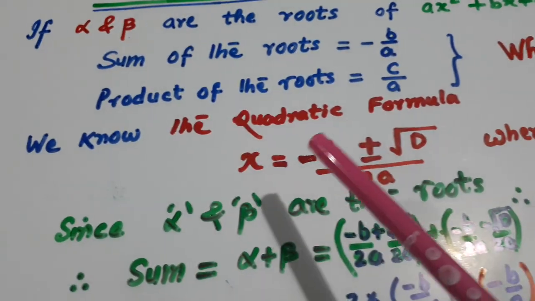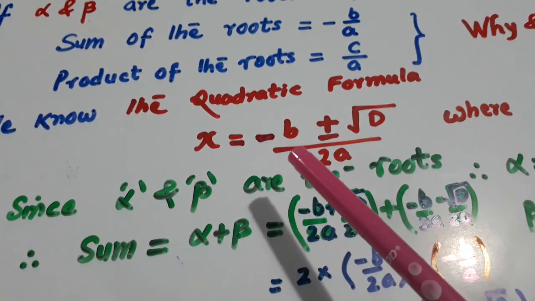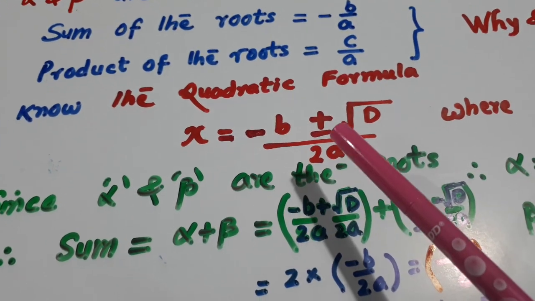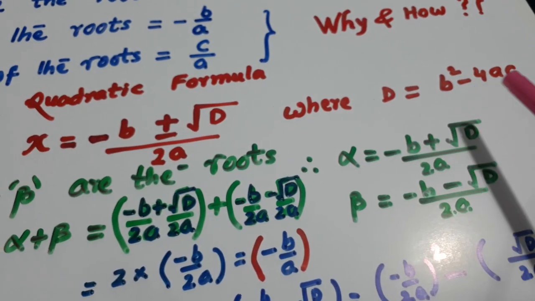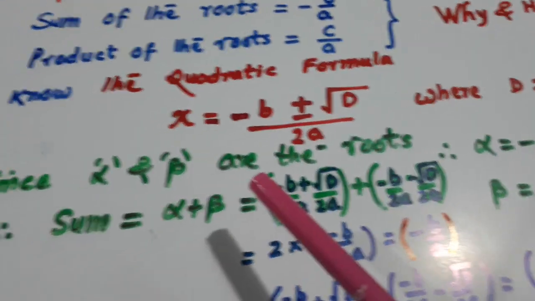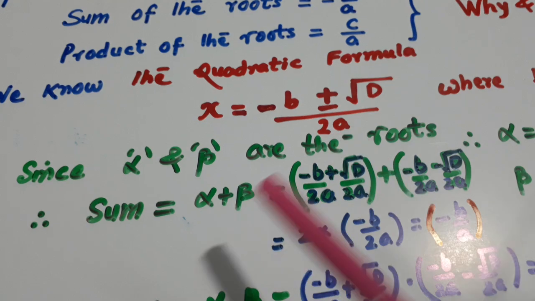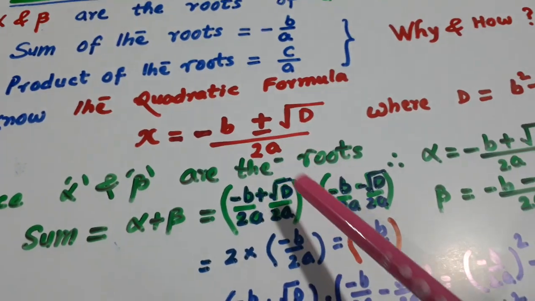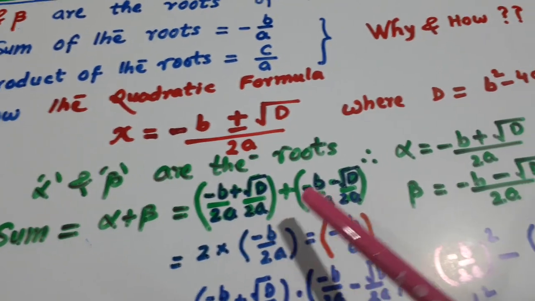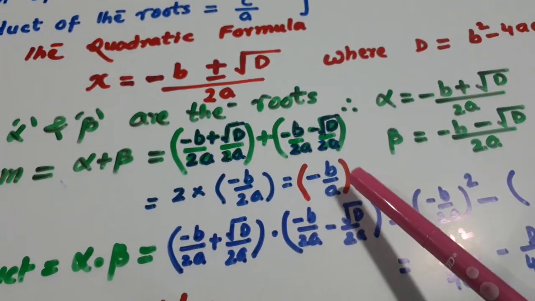Now look here, we know that as per the quadratic formula, x is equal to minus b plus minus root D over 2a, where D is b square minus 4ac. Since alpha and beta are the roots, for the sum of the roots, if you add them, one is of plus sign, the other is of minus sign. If you add them, you will get minus b over a.